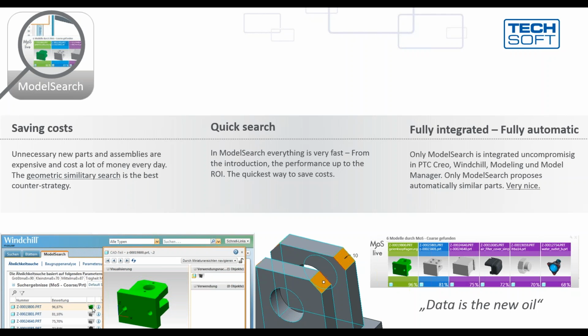When we brought the solution to the market with release number 1, several larger customers with more than 200 CAD users said, it's nice to have such a solution, but we'd like to go a step further. We don't just want to search for similar geometrical parts.